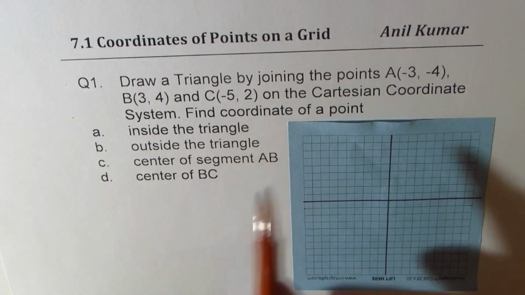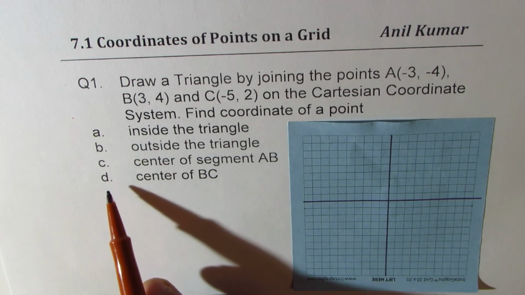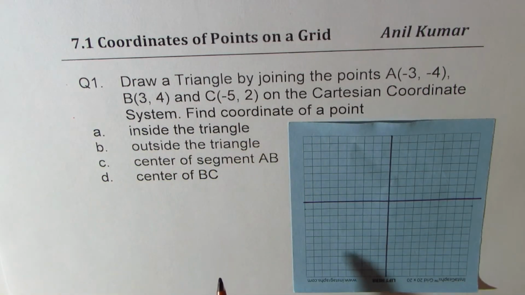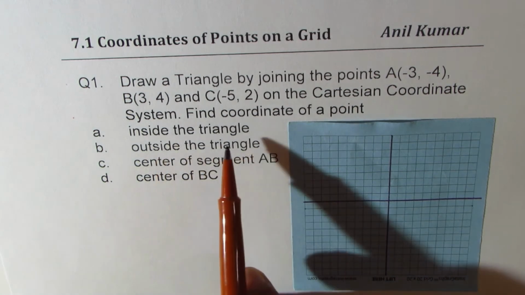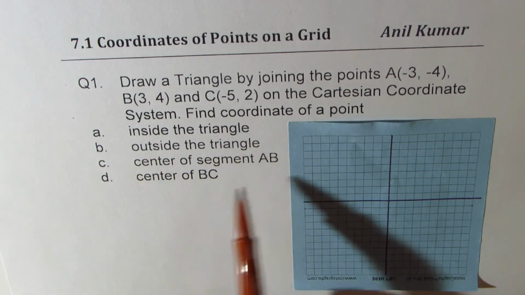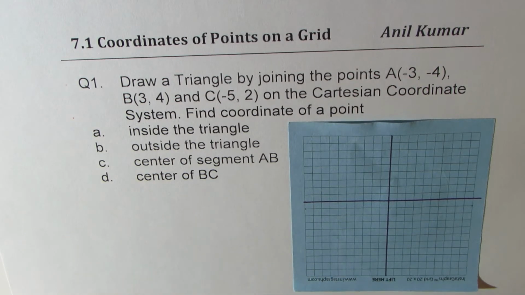Find coordinates of a point: inside the triangle, outside the triangle, center of segment AB and center of BC. These are the 4 points which you have to find after you sketch your triangle.